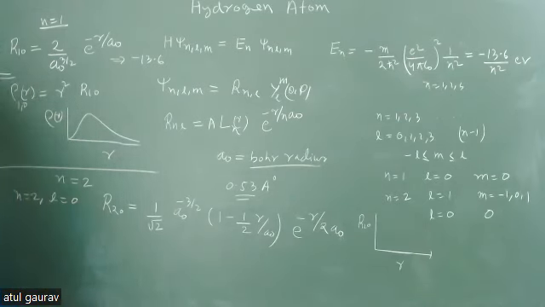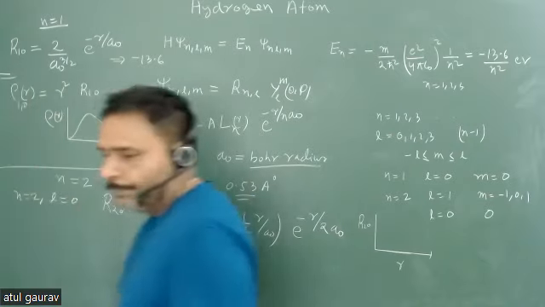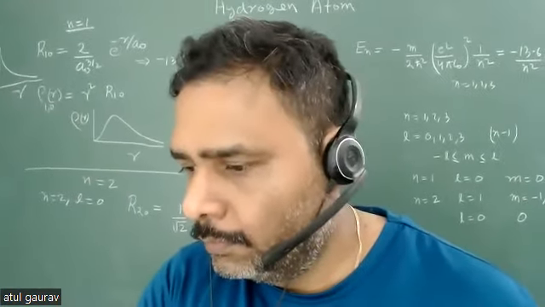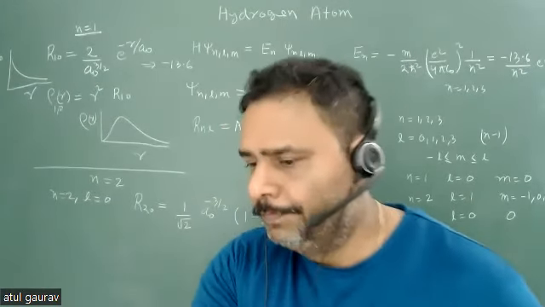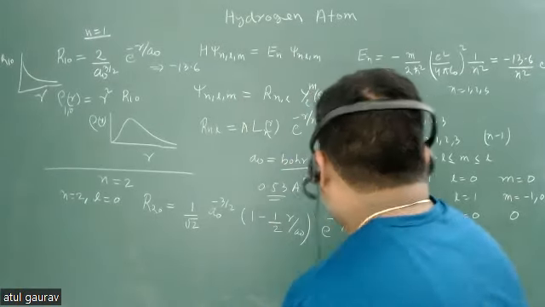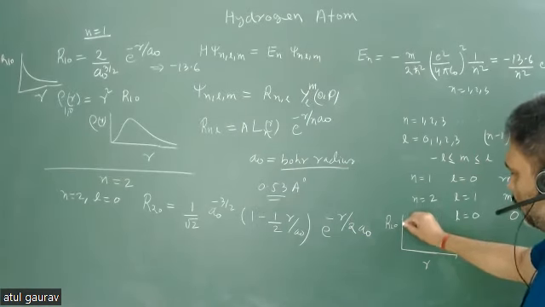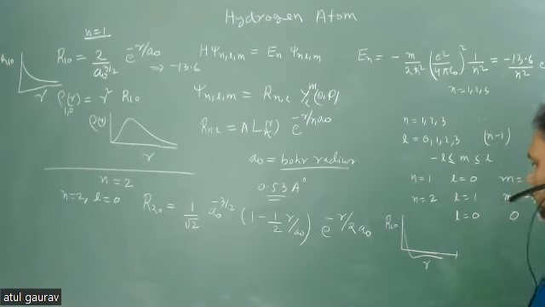This type of plot, R10 versus r. Now, what will be R20? Your R20 will start from here, and it will go down something like this.